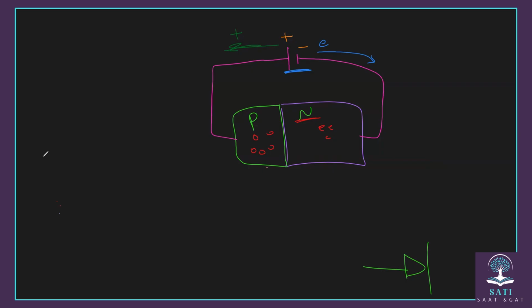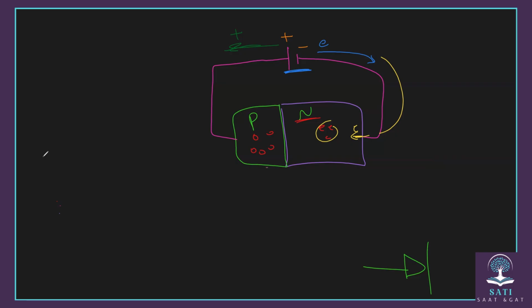Okay, now what will happen when electrons move in this direction? When they come here, what will happen between these electrons and the electrons that are coming from the wire? As we know, there is repulsion, right? They repel each other.